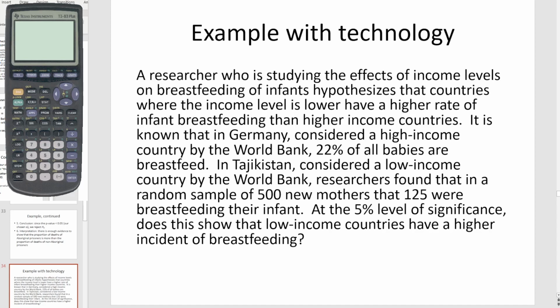It's known that in Germany, considered a high income country by the World Bank, 22% of all babies are breastfed. In Tajikistan, considered a low-income country by the World Bank, researchers found that in a random sample of 500 new mothers, 125 were breastfeeding their infant. At the 5% level of significance, does this show that low-income countries have a higher incidence of breastfeeding?